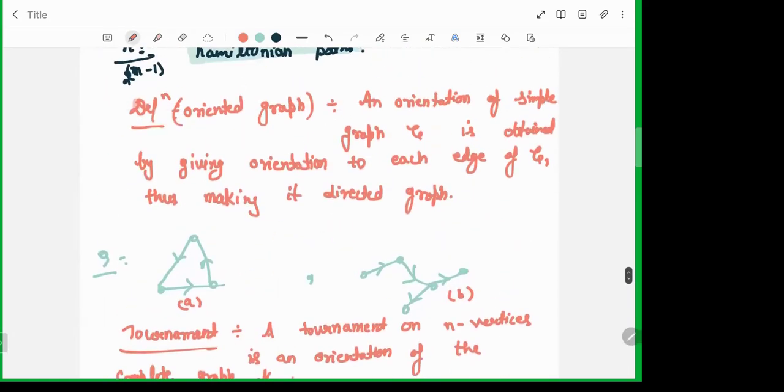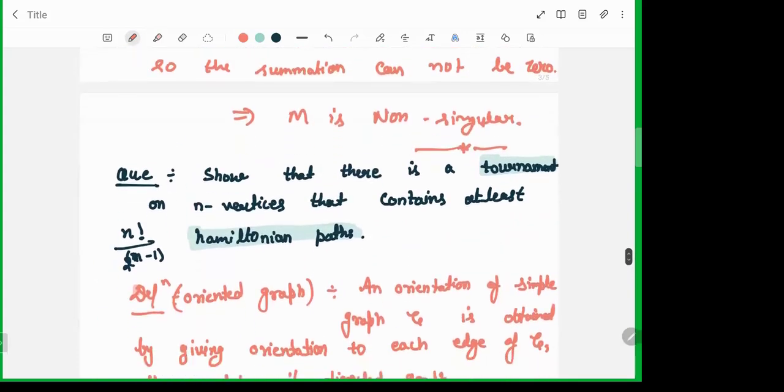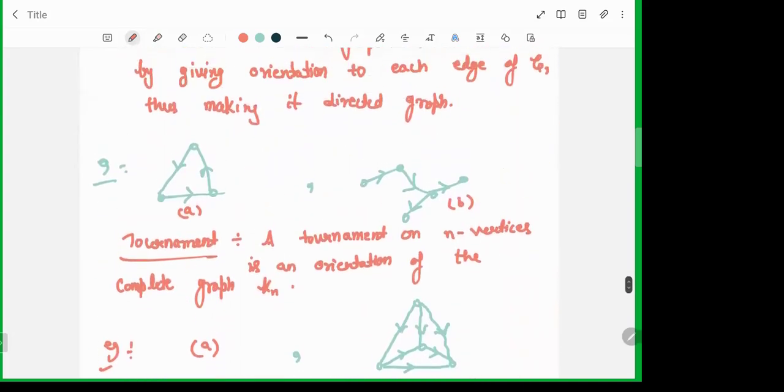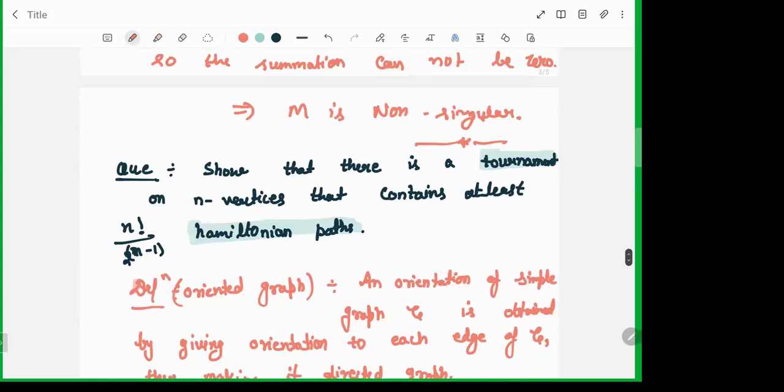So let's go back to our problem. There is a tournament, a complete oriented graph on n vertices. That is what a tournament is, and it contains at least n factorial by 2 to the power n minus 1 Hamiltonian paths.